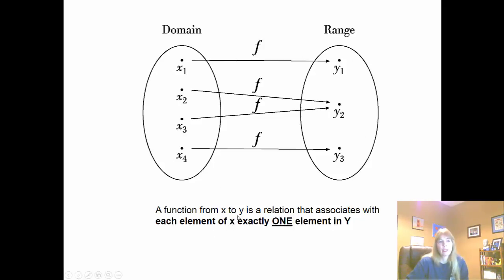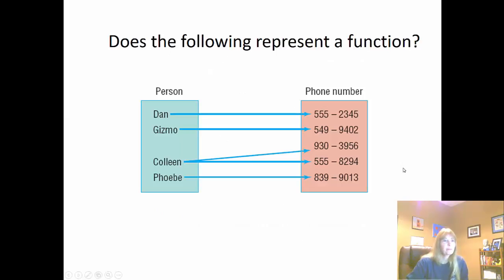A function from x to y is a relation that associates with each element of x exactly one element of y. So you could have two x's going into one y, but you can't have one x going into two different y's. Let's say the domain is my students' names, and the range is your social security number. Well, you can't have two social security numbers, right? Unless you're in the witness protection program or something, I don't know.